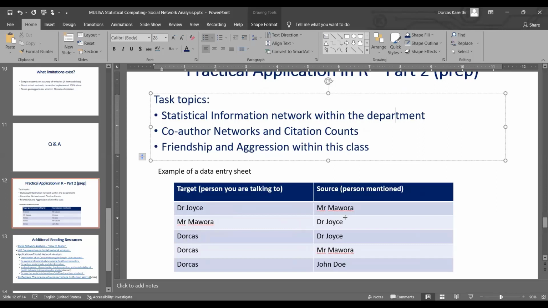And they mention Mr. Maora. I speak to Mr. Maora and ask him, who do you go to for information? And you mention Dr. Joyce. And then someone asks me, and I mention 3 people. So the 3 people will be entered like Dorcas, Joyce; Dorcas, Mr. Maora; Dorcas, John Doe, like that.